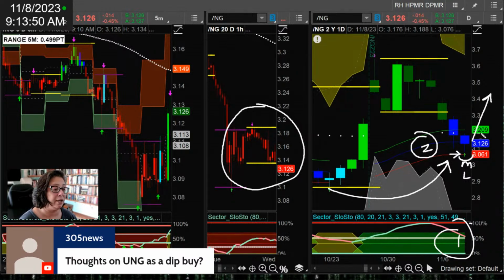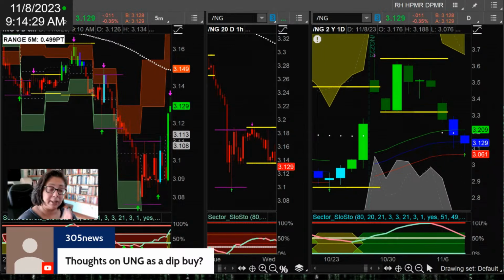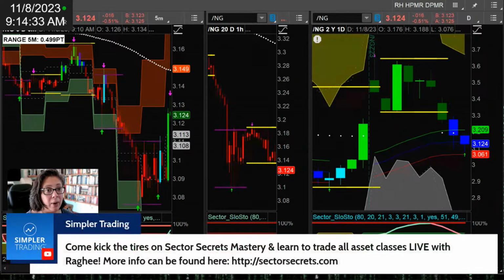That would be a great price pattern, not chart pattern. Don't use those. I don't use those. That would be a great price pattern to set up this trade with a minor low. Okay. So if you're looking specifically at the buy the dip, we're in the mean reversion. That is how I do it.